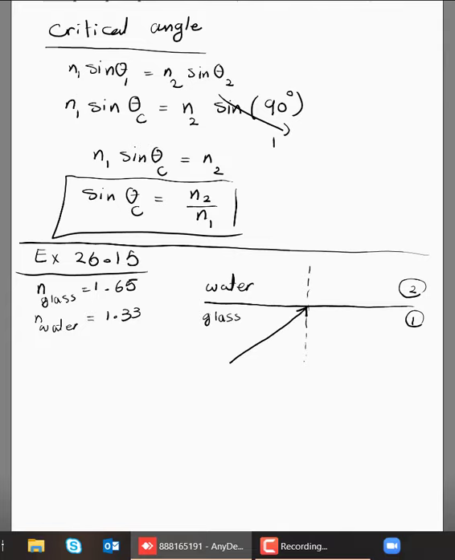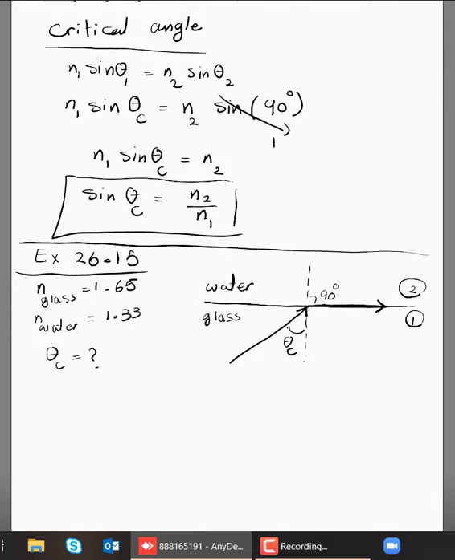This is my beam of light. And then I want the angle for which the refraction angle is 90 degrees. This is my critical angle, right? So the question asks me to find a critical angle. So what is theta C? This is my theta C.